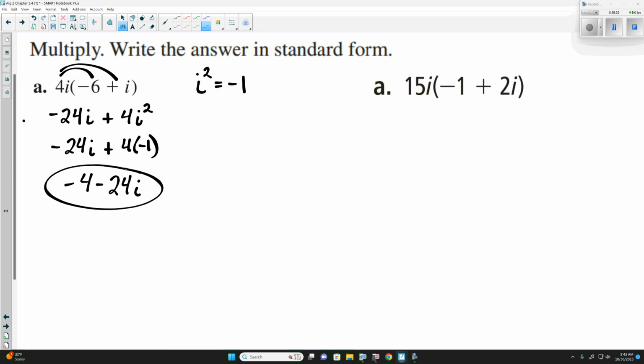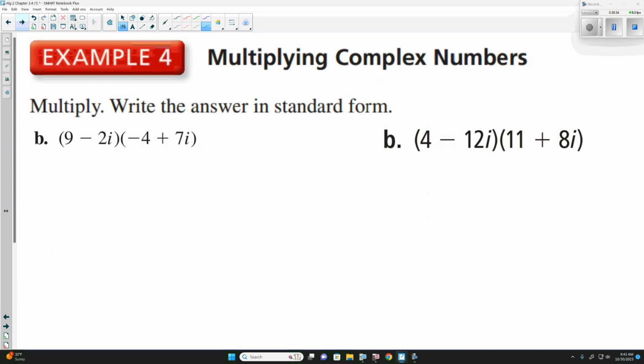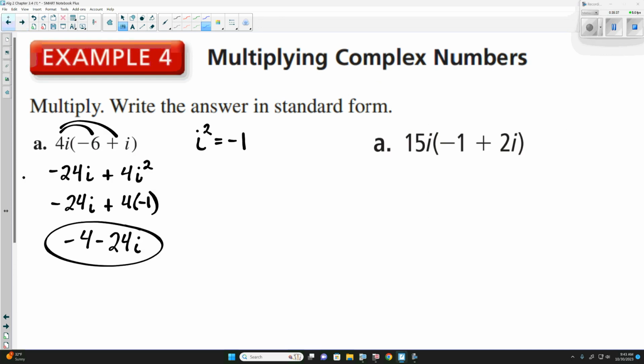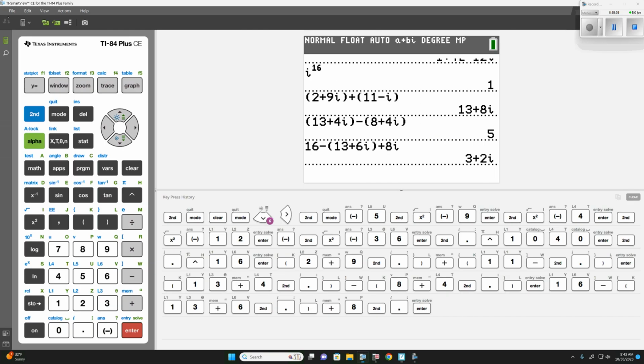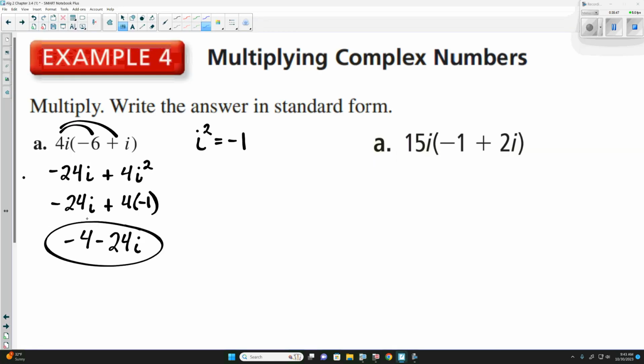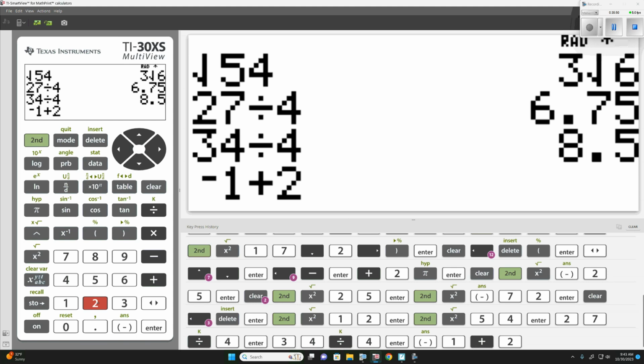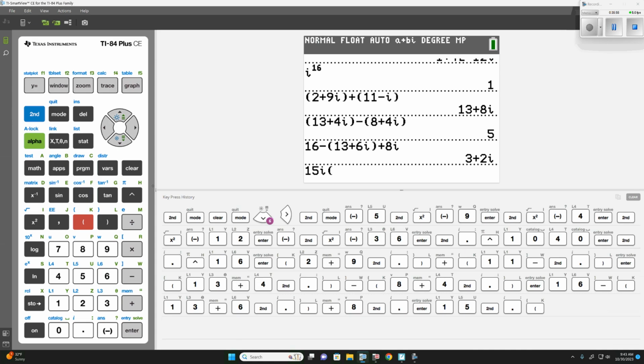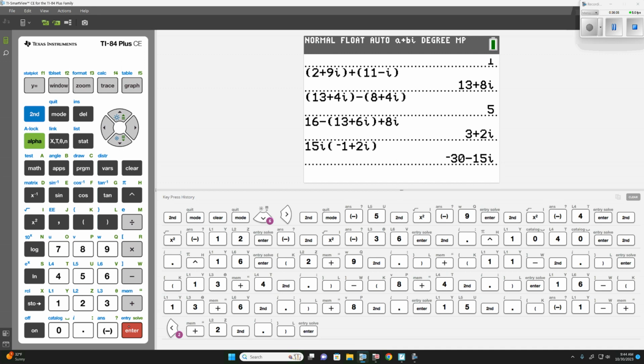Now, if we look at the second one here, 15i times negative 1 plus 2i. If I did this in a calculator, we get negative 30 minus 15i.